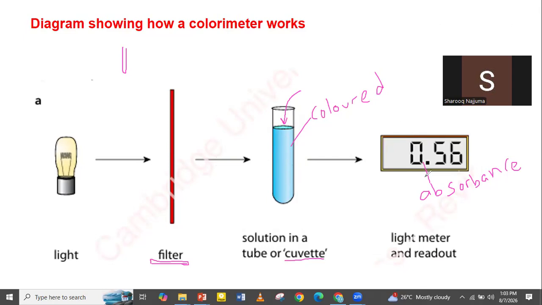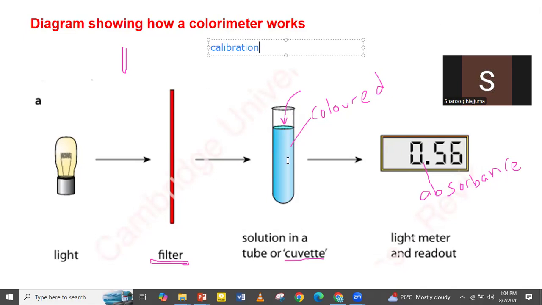Now, after you have gotten your absorbance, you record it down. So you might have another solution whose absorbance you still need to obtain. And that takes us to what we call calibration of the calorimeter. Calibration is more like returning the calorimeter back to zero.